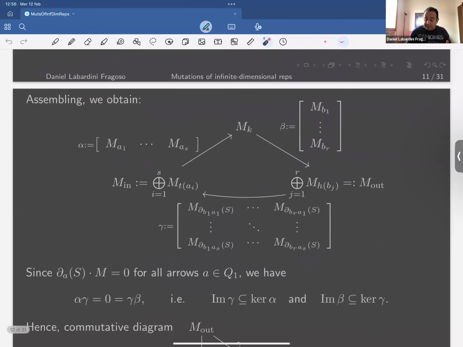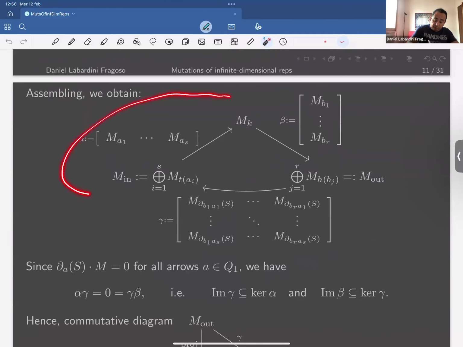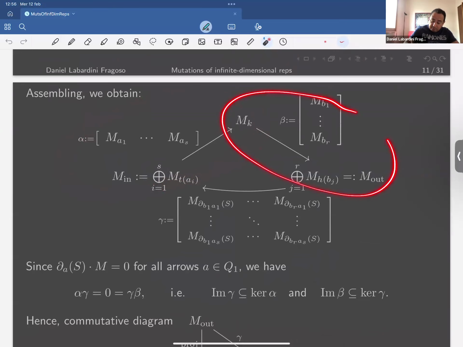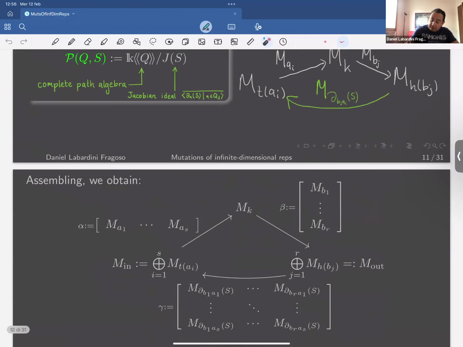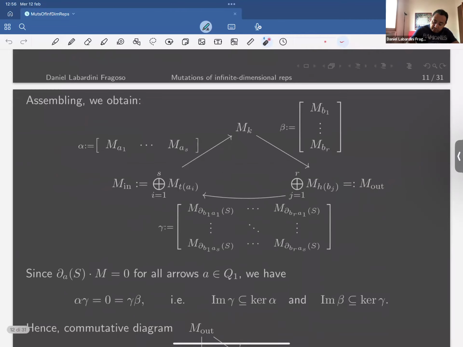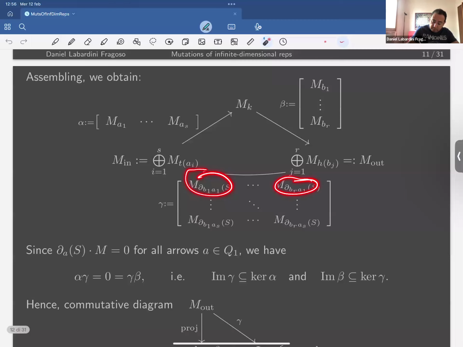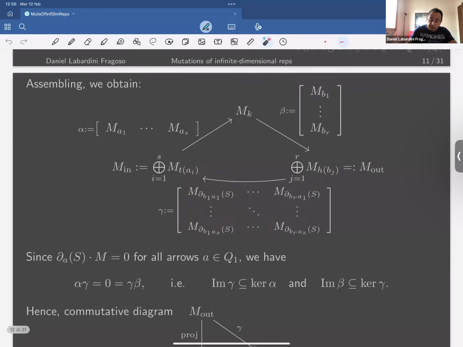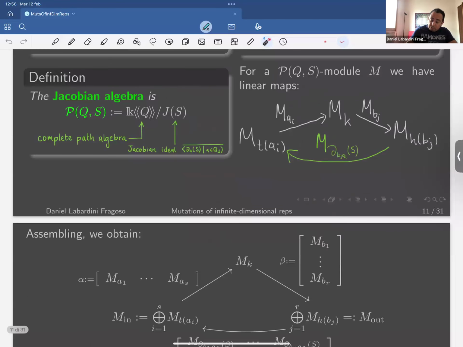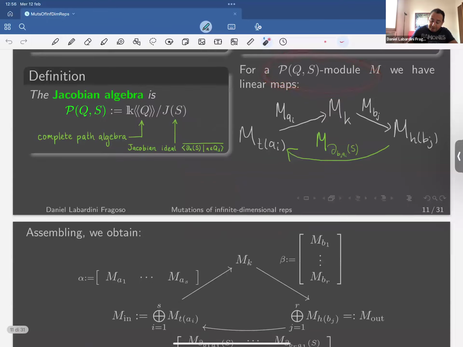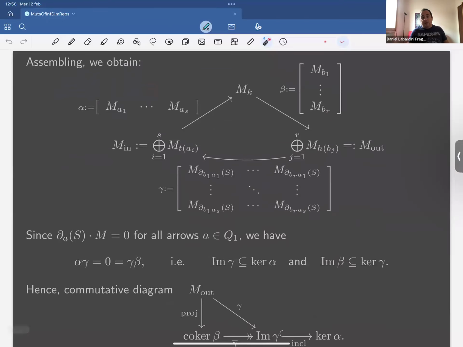As before, we obtain this incoming map, this outgoing map, and now we can assemble all these maps going from the heads to the tails that then go this way. And these are all those linear maps. Now, if M is actually a module over the Jacobian algebra, it is in particular annihilated by the cyclic derivatives.